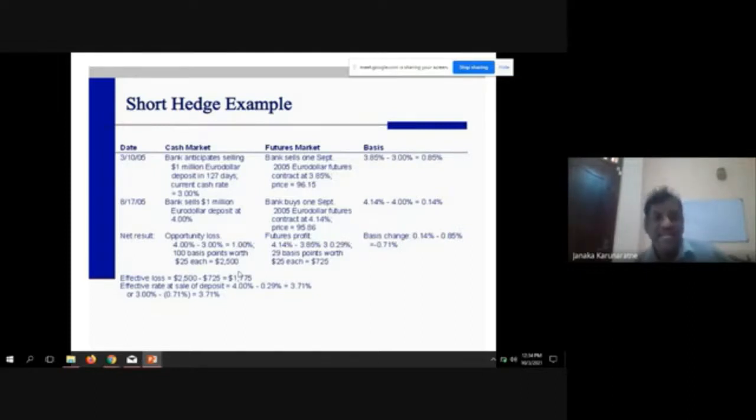Now I just want to explain the gravity of the issue. If I want to issue 10 million euro deposits, how much am I going to lose? Lose in the sense I have to pay additional interest.